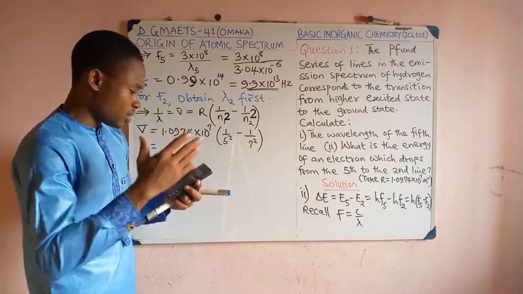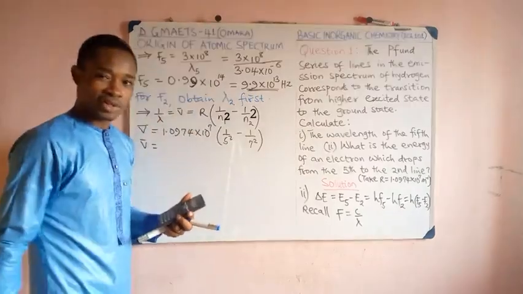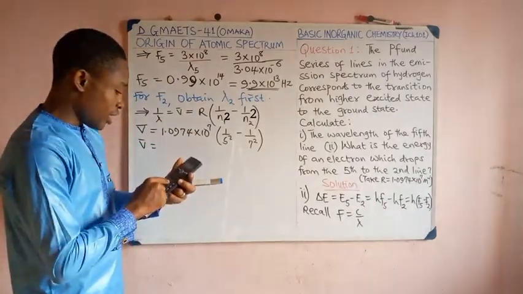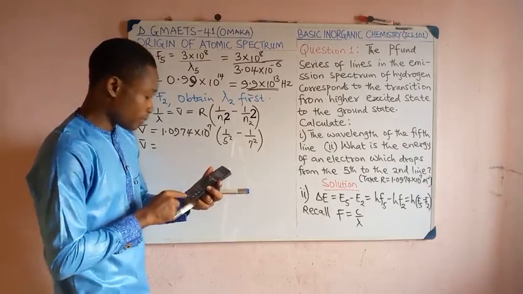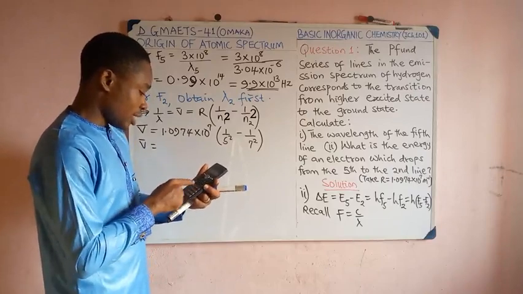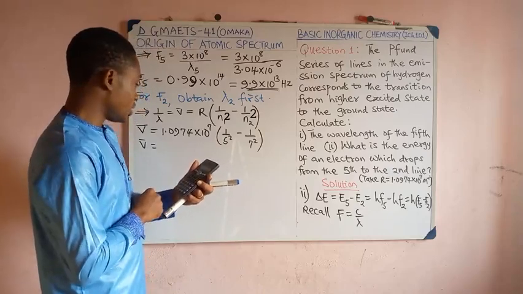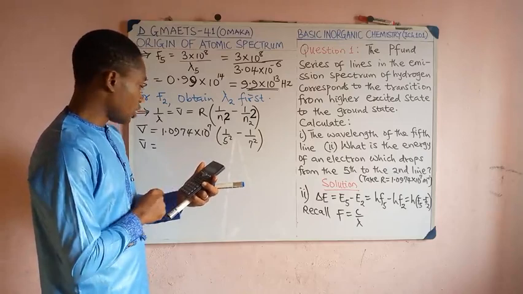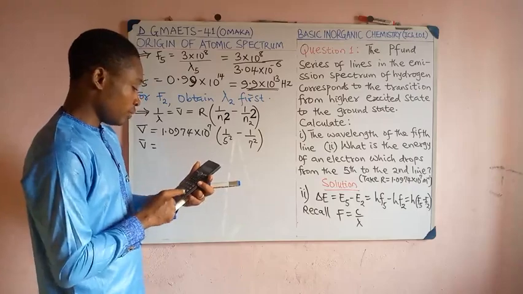Good, that is 0.0195 and then 9, it continues. So I'm going to multiply this value. Let me punch that again, please. 1 over 25, then minus 1 over 49. Good. So I'm going to multiply this by 1.0974.